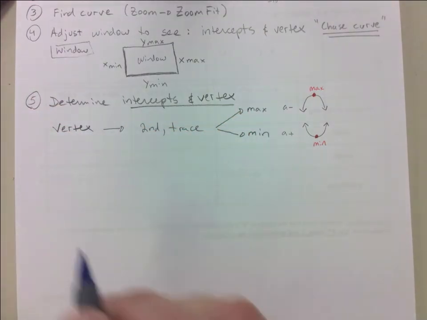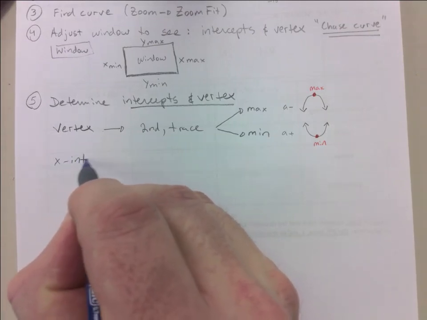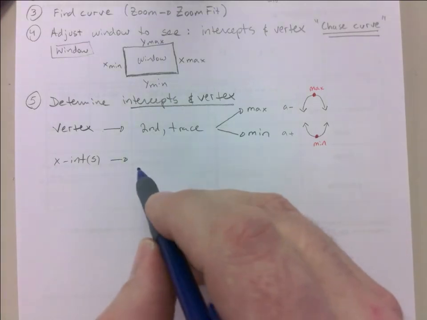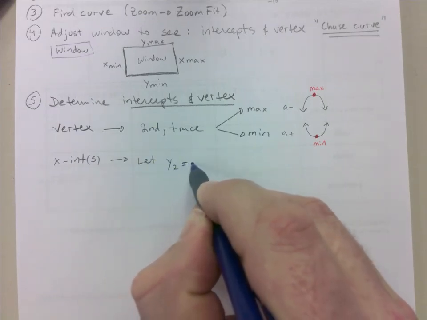Okay. To find the intercepts, the x-intercepts, you let y2 equal to 0.